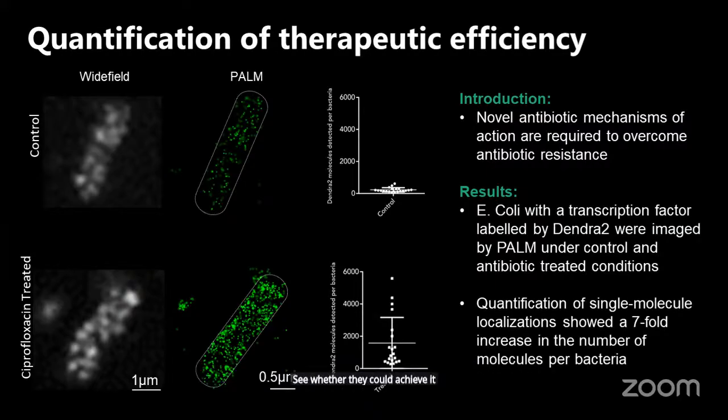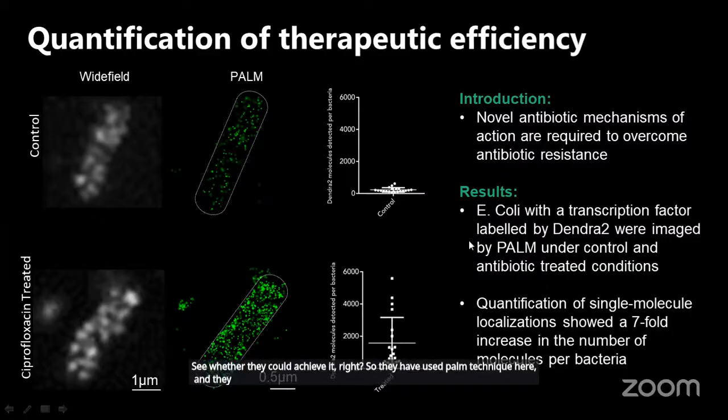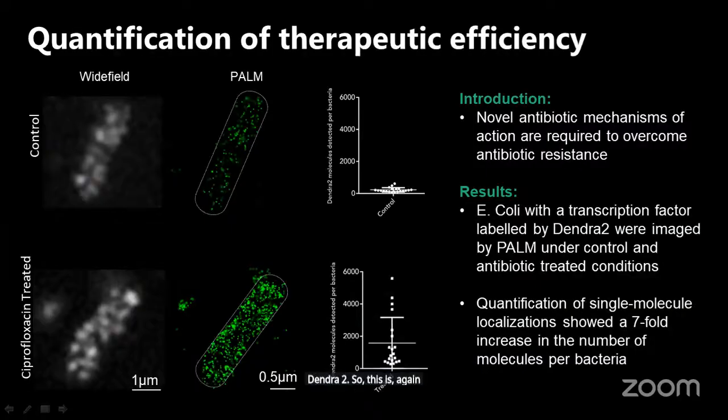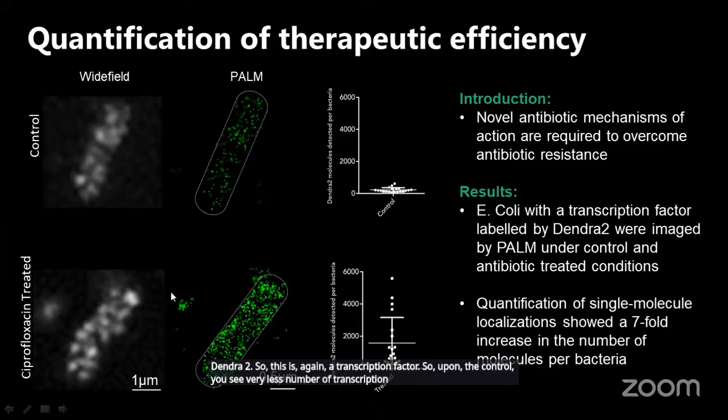They used the PALM technique and labeled with Dendra2, again a transcription factor. In the control, you see very few transcription factors, but upon antibiotic treatment, there is a 7-fold change in this transcription factor they were interested in.